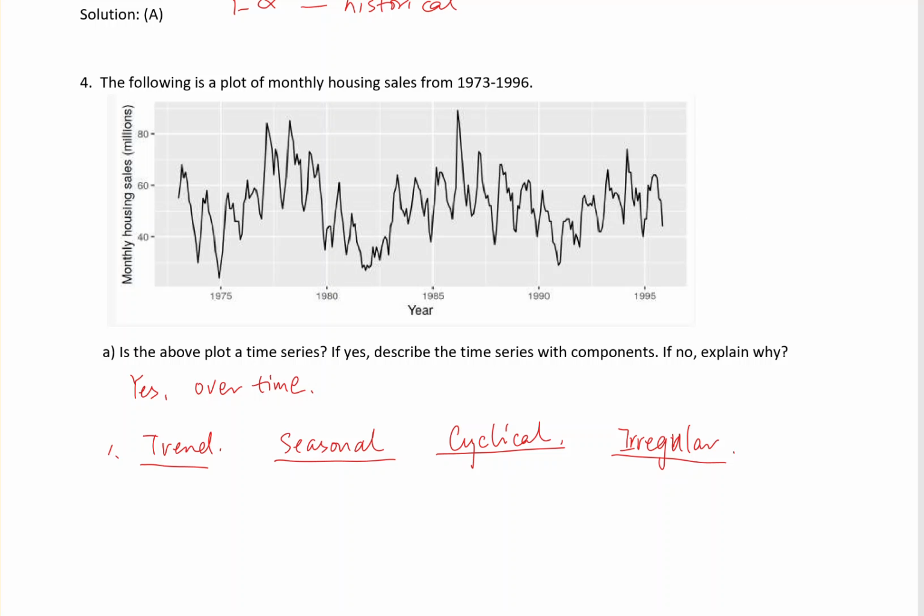Of course not. Since there is no increasing or decreasing trend, it doesn't have the trend component. Okay, so next one, the seasonal component. Does this have the seasonal component?